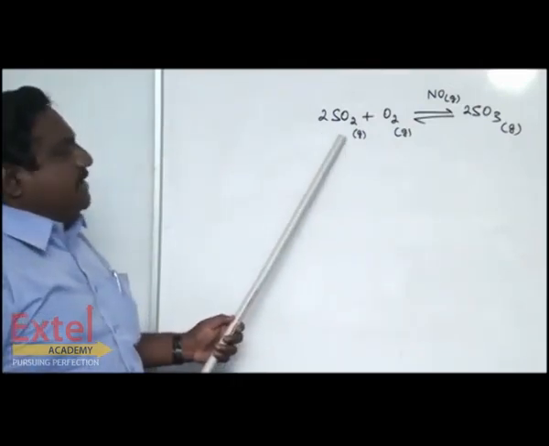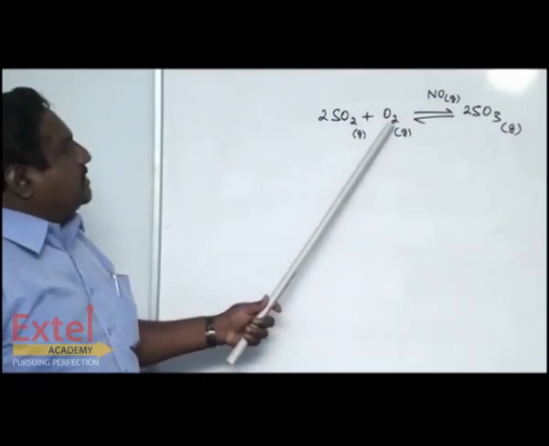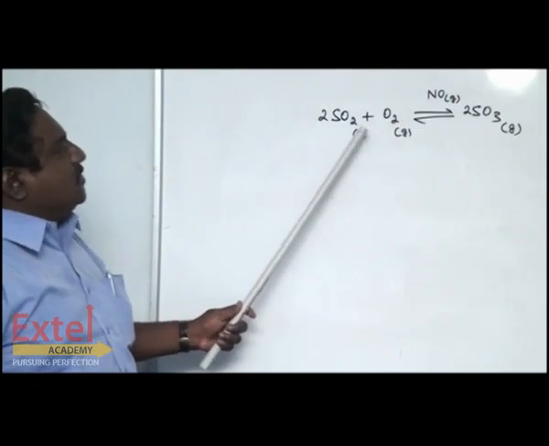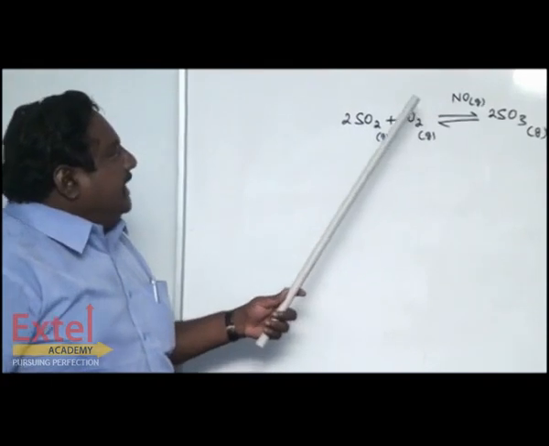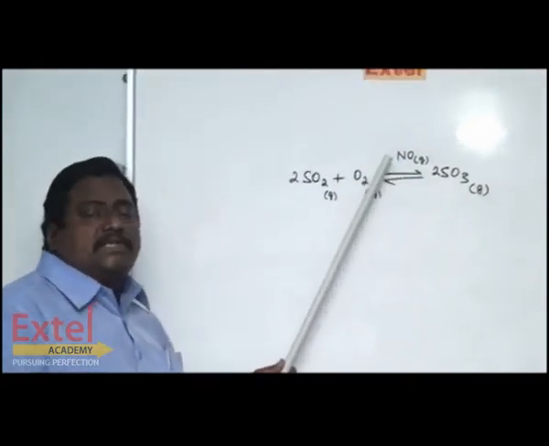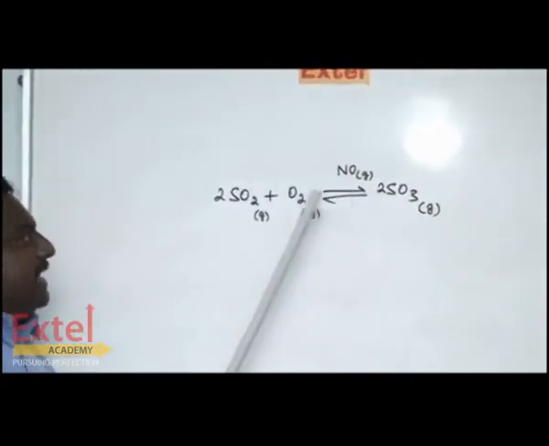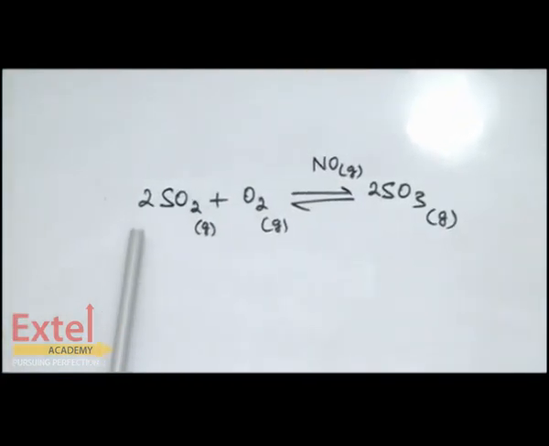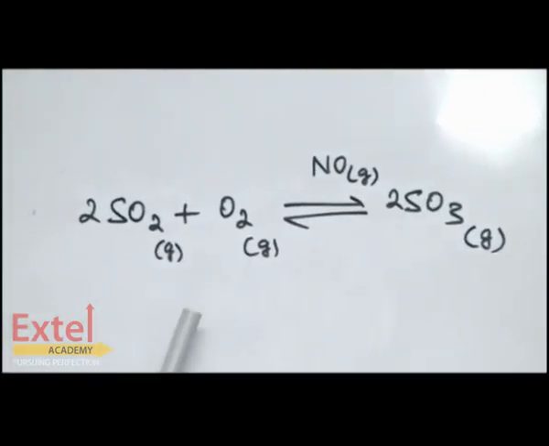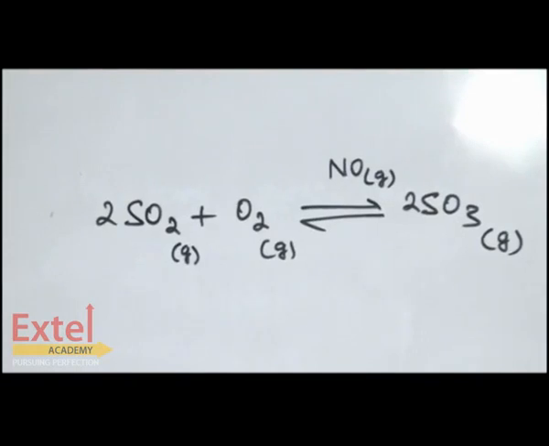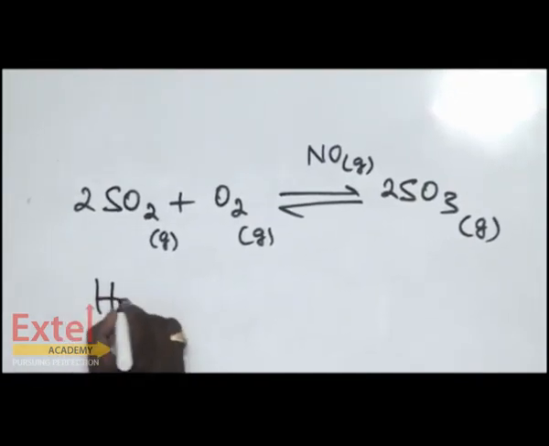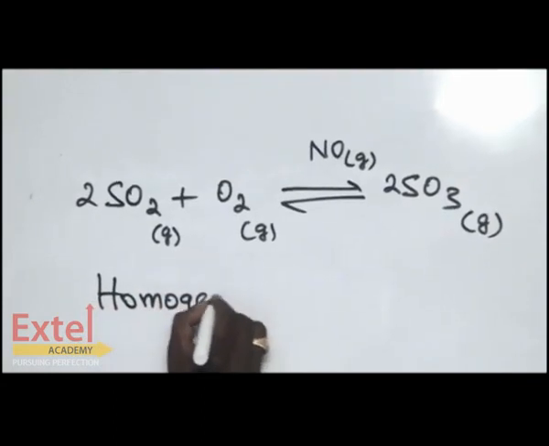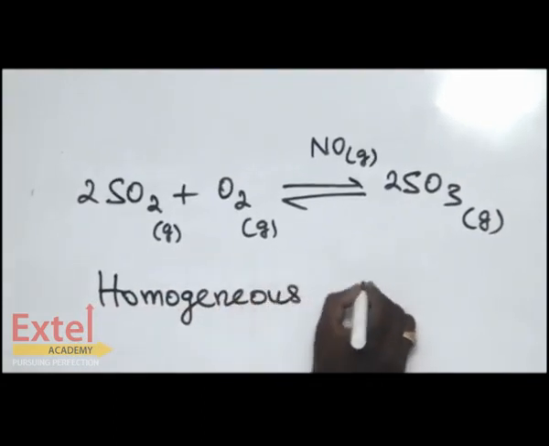So, sulfur dioxide is a gas, oxygen is a gas. These two combine to form SO3, which is also a gas. The catalyst NO is also a gas. If the catalyst is also in the same state as the reactant and product, it is called a homogeneous catalyst.